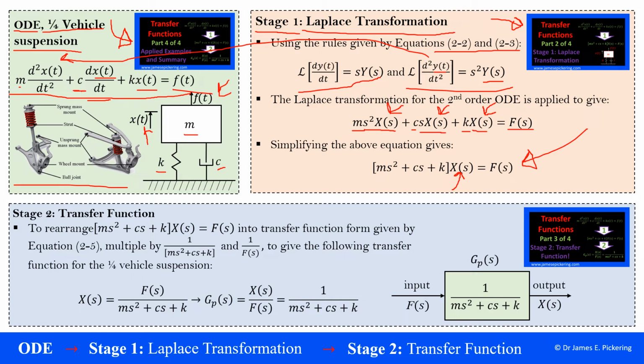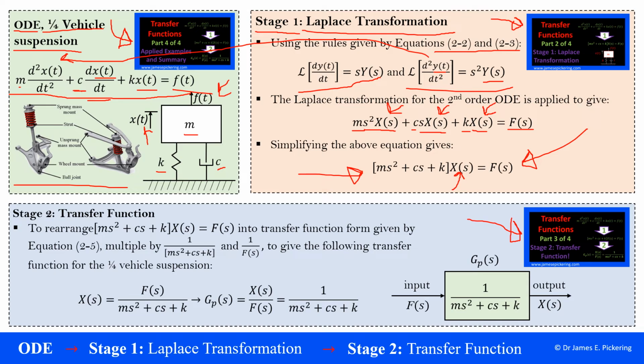If you remember from this set of notes, or if you can't remember, watch this video, part 3 or 4. What we want to do is rearrange it such that this Laplace transformation is in the ratio of output over input. We can algebraically manipulate this equation when we're in the Laplace domain.